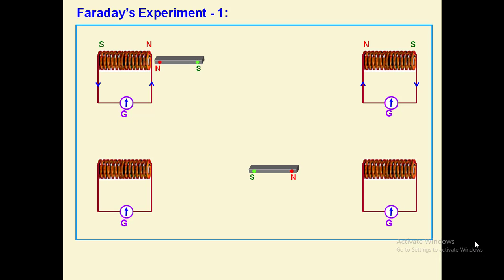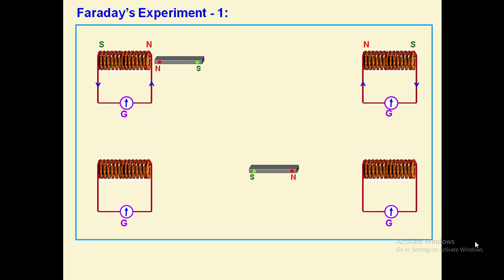In the same way, as the south pole is moving away from the right hand side coil, it develops an opposite pole. That means whenever a magnetic pole is moved away from the solenoid coil, it develops an opposite pole. So remember these two points: towards means the same pole will develop, away means the opposite pole will develop.